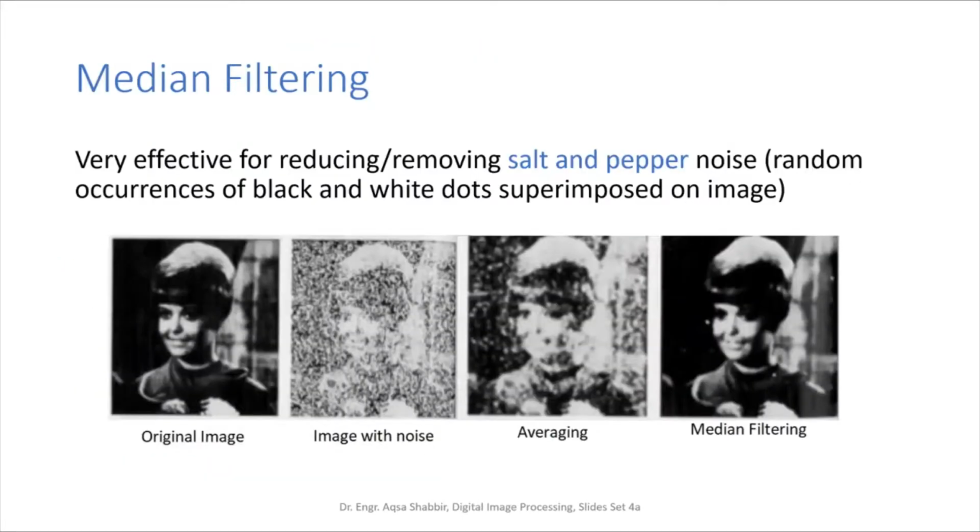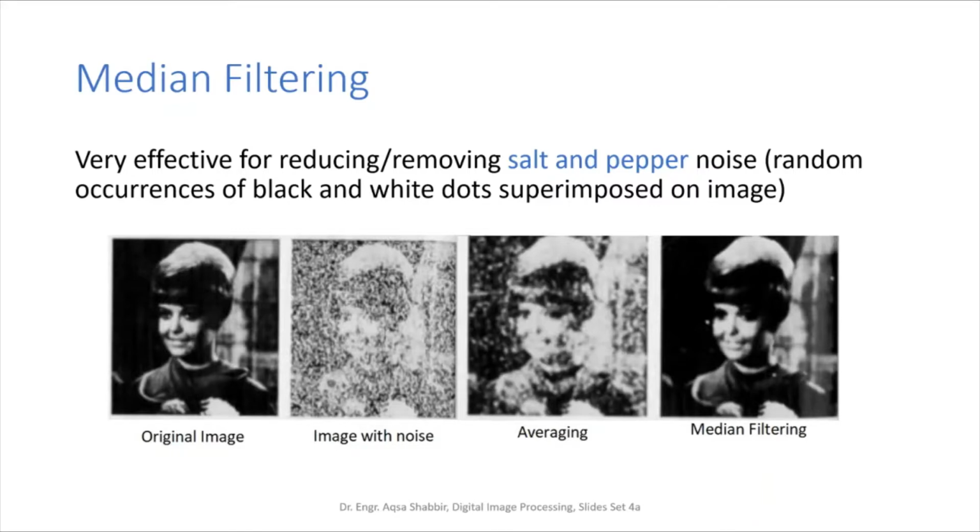The example over here illustrates the usefulness of median filtering in reducing or removing salt and pepper noise from an image. Salt and pepper noise, also called impulse noise, appears as black and white dots superimposed on an image.